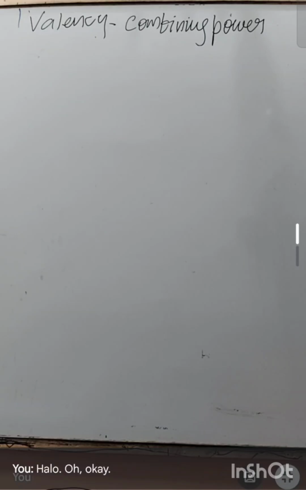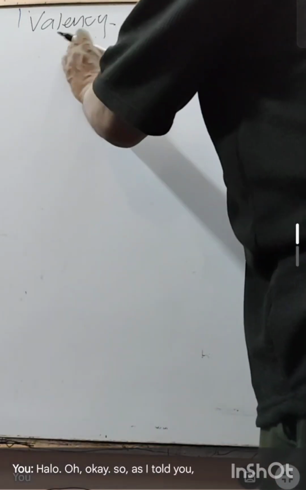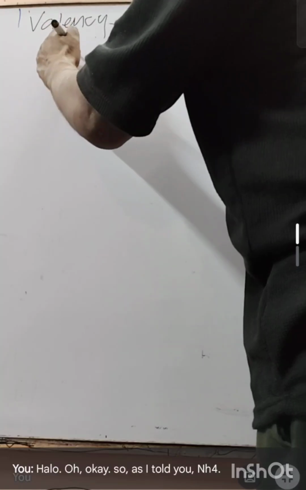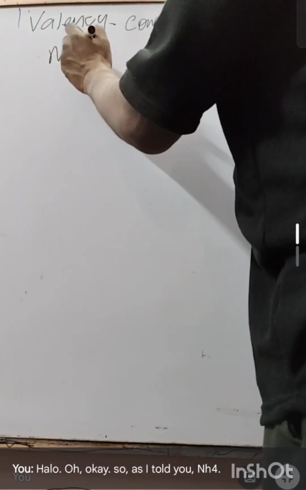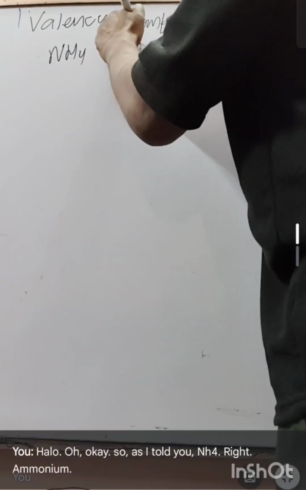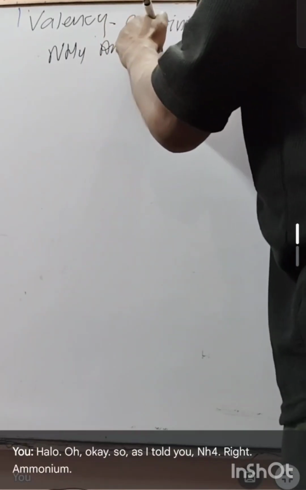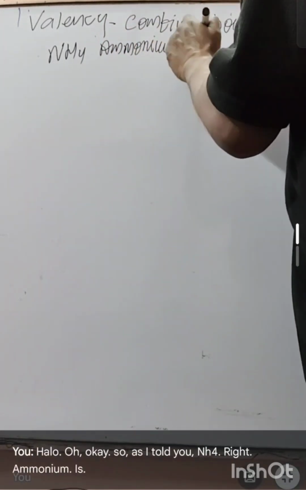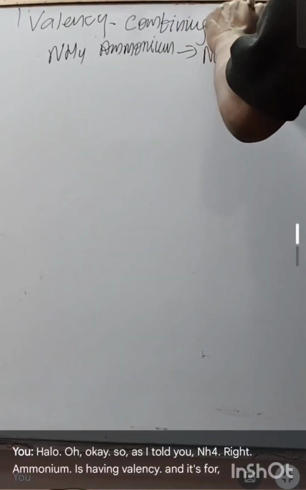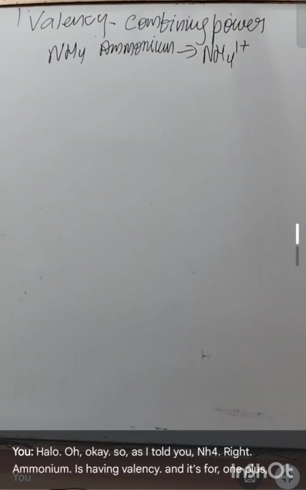Okay. So as I told you, NH4, right? Ammonium is having valency NH4 1 plus, right?